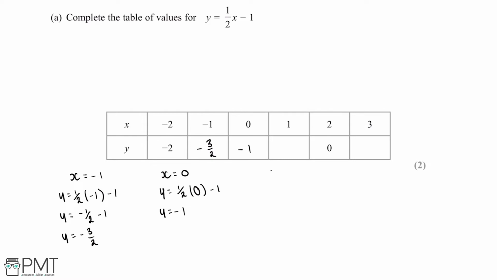Next we can move on to x equals 1. When x equals 1, y will be equal to a half multiplied by 1 minus 1. A half multiplied by 1 is a half, and then a half minus 1 tells us that y is equal to -1/2.